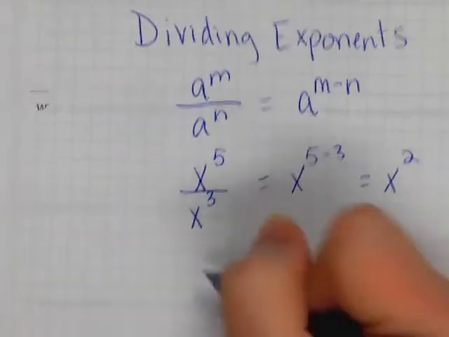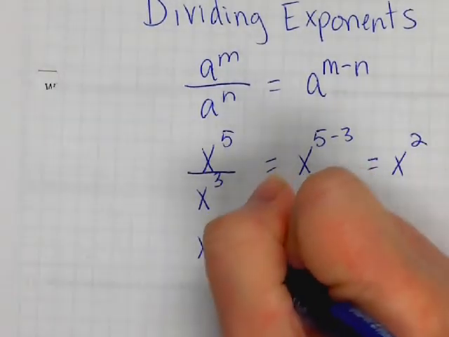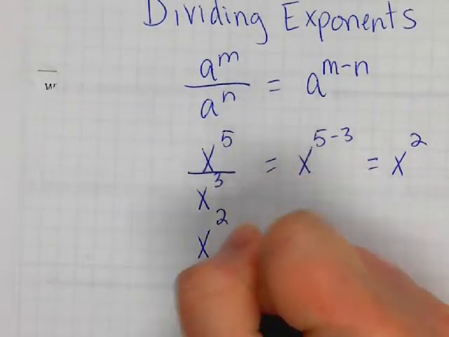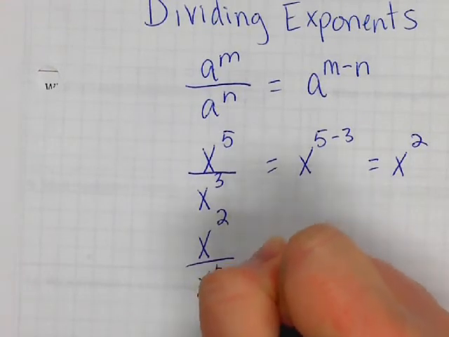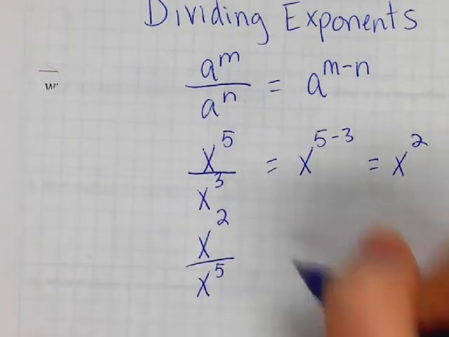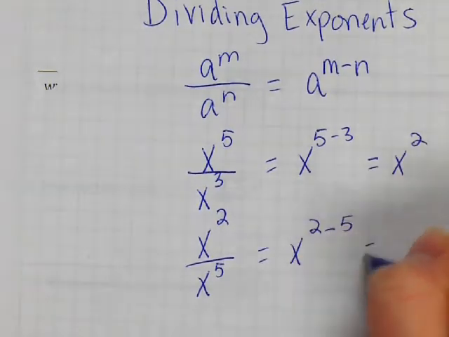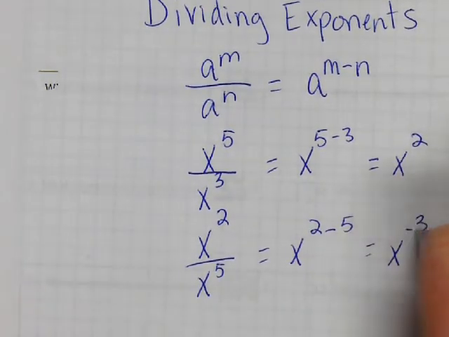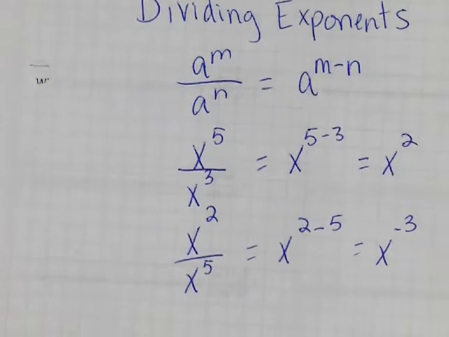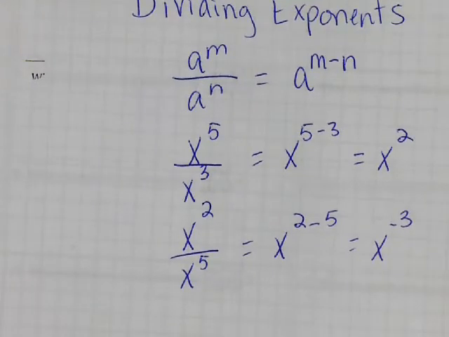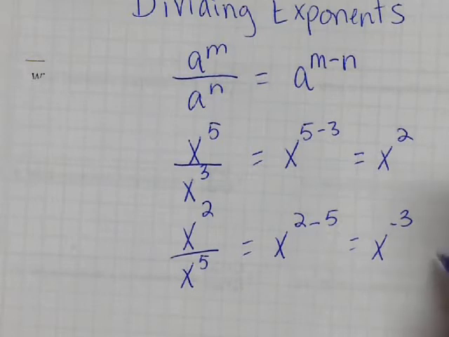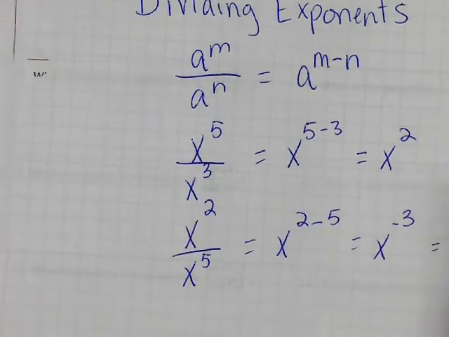Or if I had x to the 2nd over x to the 5th, that would be the same thing as x to the 2 minus 5, which would be x to the negative 3. And by definition, that means we're going to put it into the denominator, so that would be equal to 1 over x cubed.